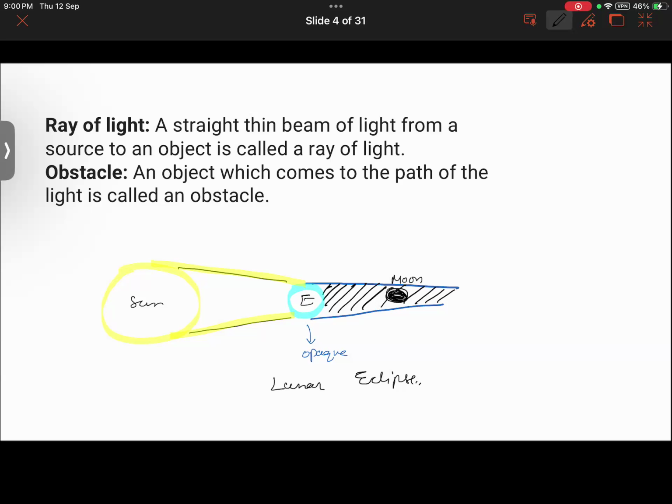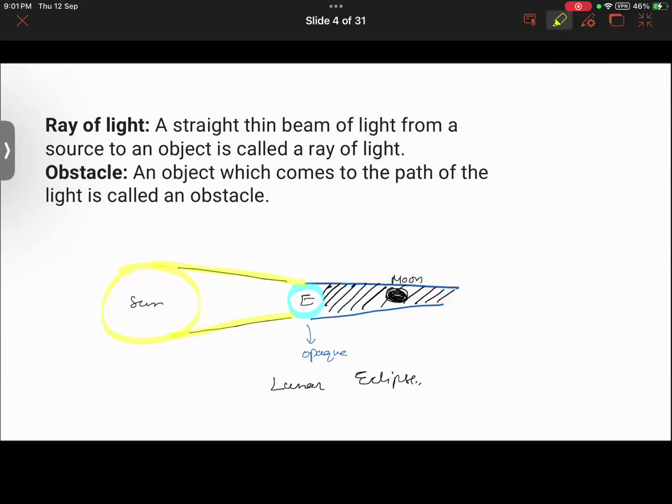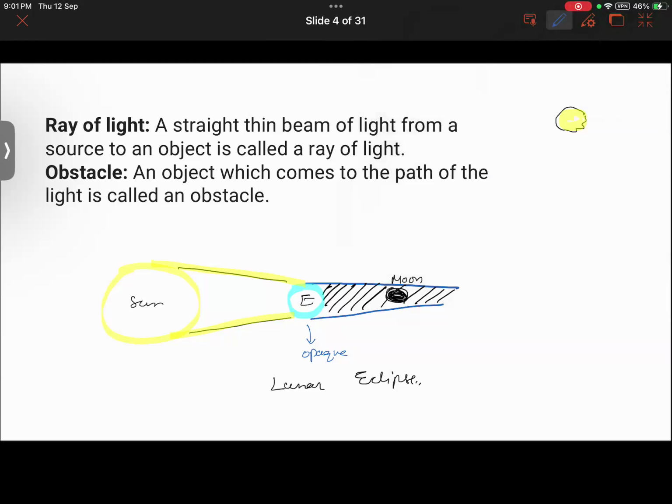Ray of light. A straight thin beam of light from a source to an object is called a ray of light. Obstacle. An object which comes in the path of the light is called an obstacle. So say we have the sun here. Now in mathematics, you would have learned the terms line, line segment, and ray.